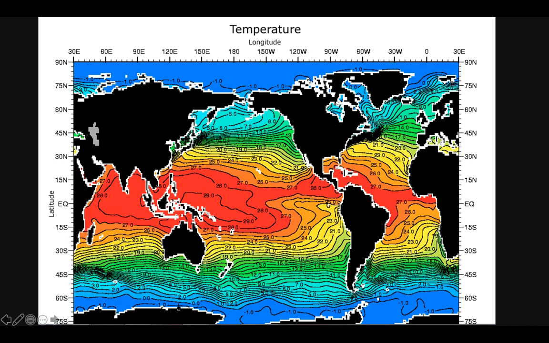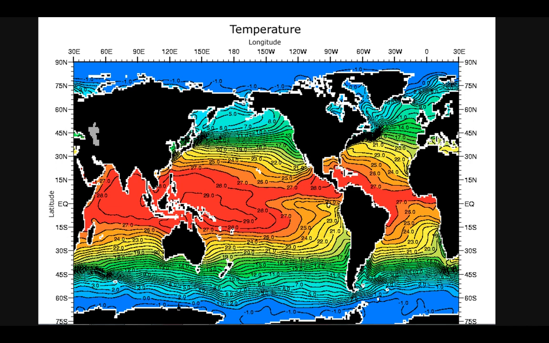Notice that you have both latitude along your x-axis and longitude along your y-axis given. You will be asked about some specific areas. So for example, if I said it was 30 north, 180 east, I would be looking for the place where 30 north and 180 east crossed and they met.